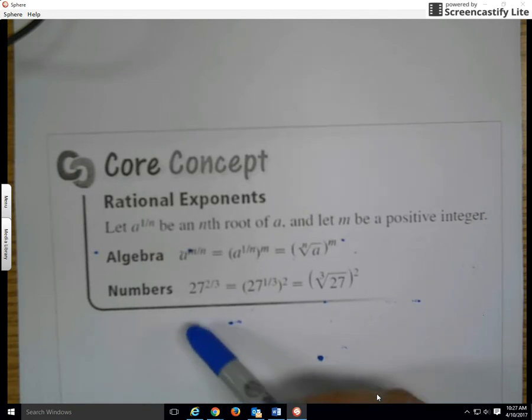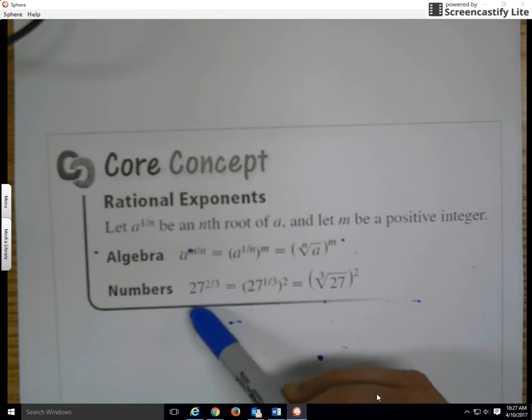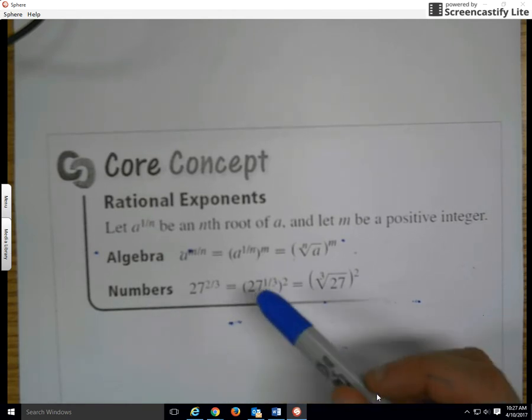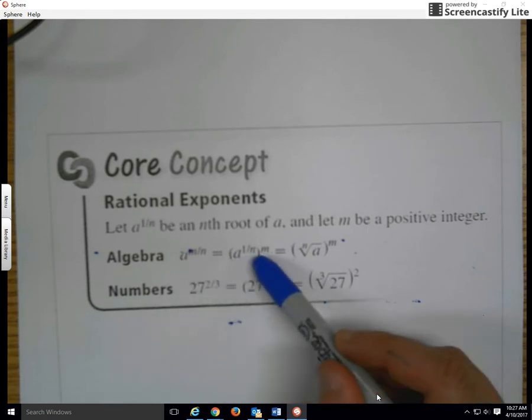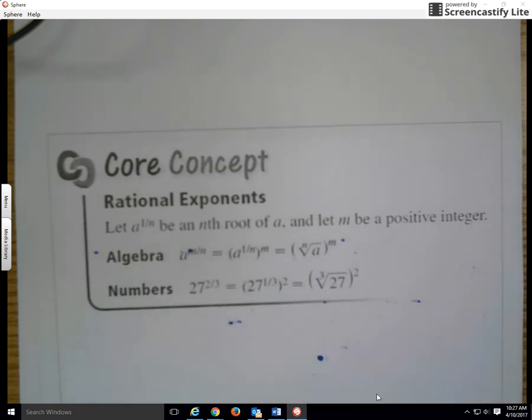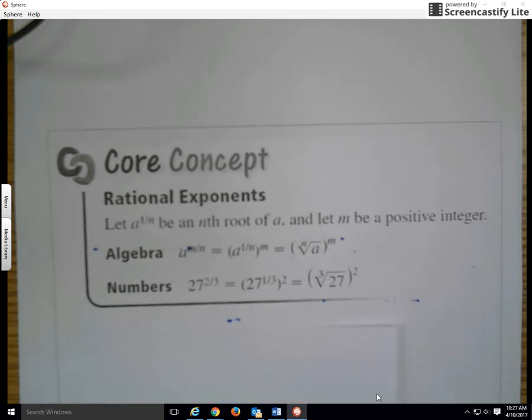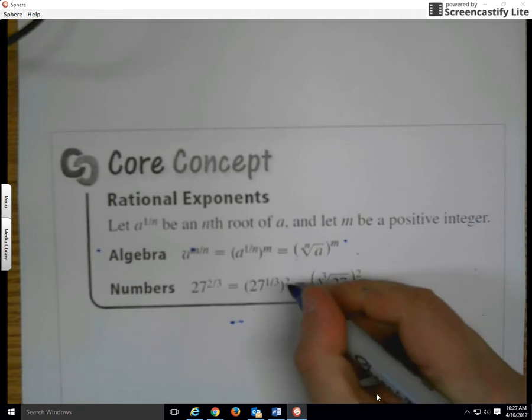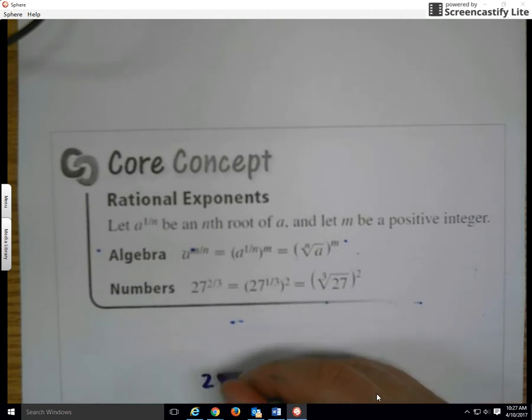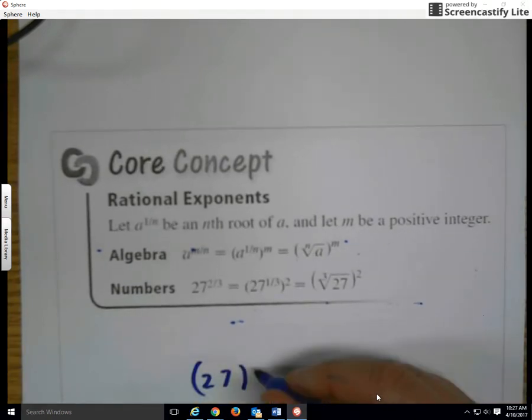So with numbers, if we have 2 to the 2/3 root, you could take out the 2 and put it on the outside of the parentheses. And if you think about it, it makes sense, because if we were going this way, we would multiply, right? Let me just write it out real quick so you can see what I'm talking about.